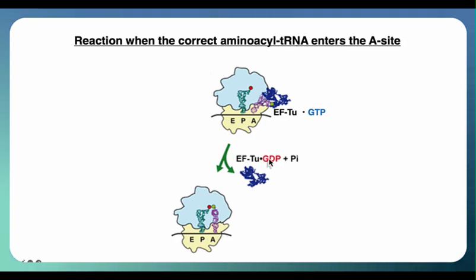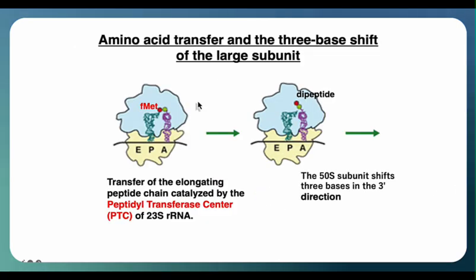The energy from this hydrolysis causes a conformational change in EF-Tu, and the EF-Tu GDP complex is ejected from the ribosome. When EF-Tu GDP dissociates from the aminoacyl transfer RNA, the formyl methionine attached to the initiator transfer RNA is transferred to the amino acid brought by the A site transfer RNA, forming a dipeptide.